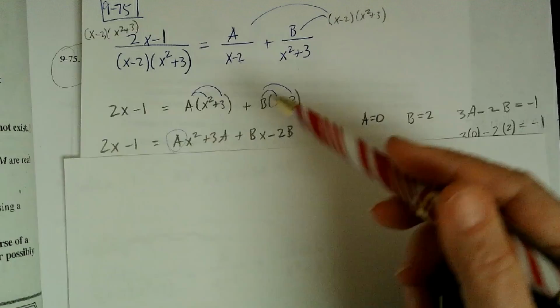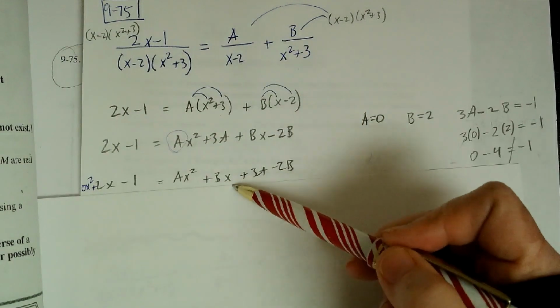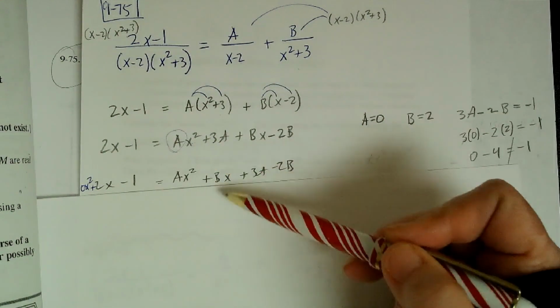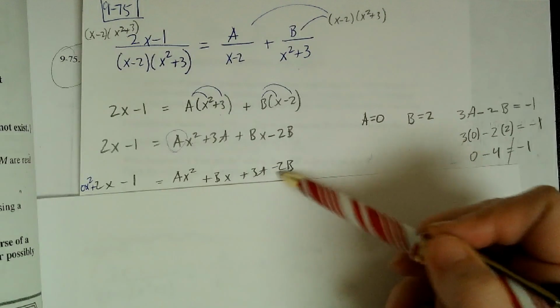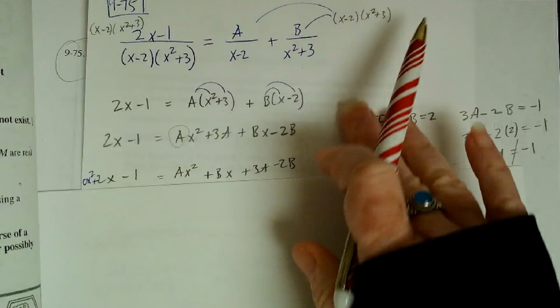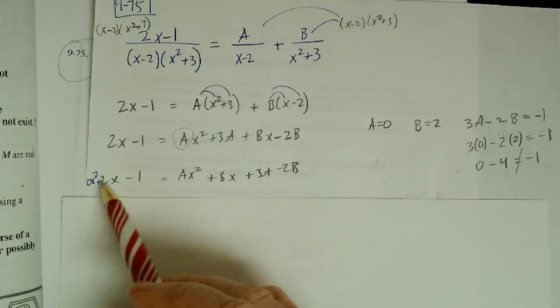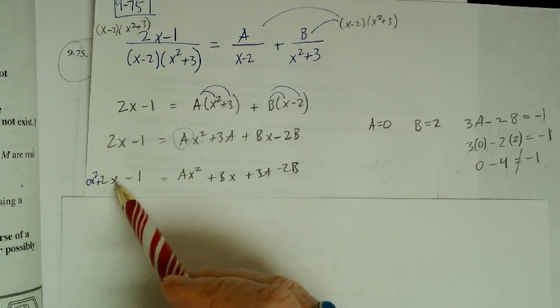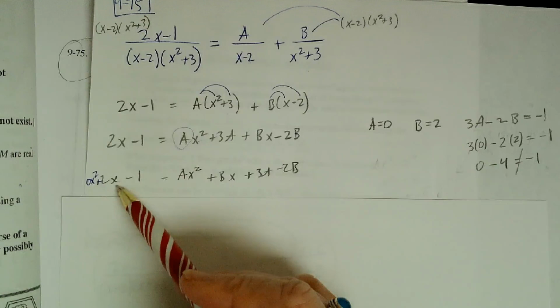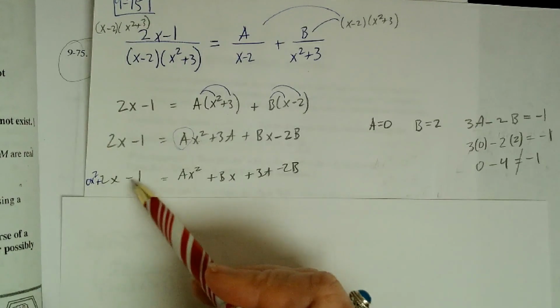There's only one, the ax squared, and I want the ones that have x's in them next. So I moved this over here, and then these don't have any powers of x in them. I know it's hard to see. That says 0x squared. So this left-hand side has 0x squared plus 2x minus 1.